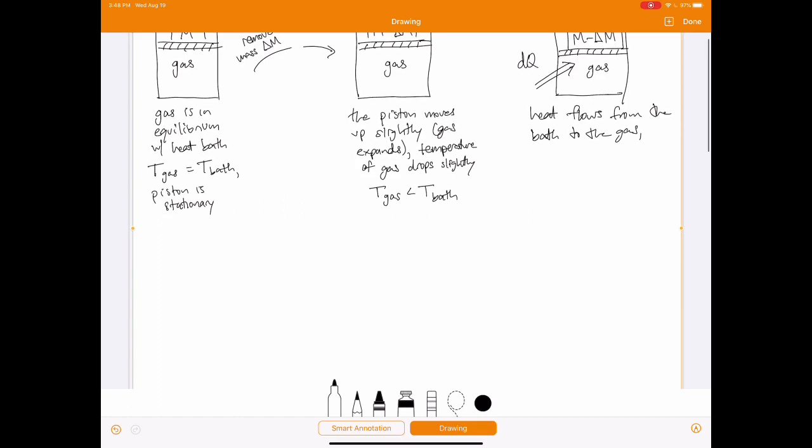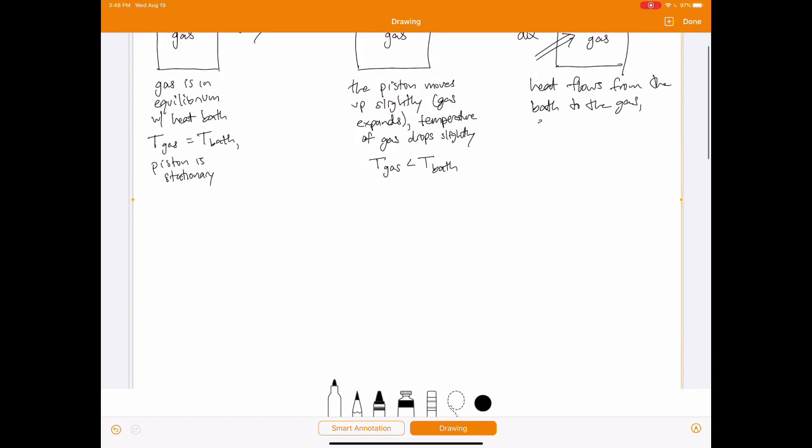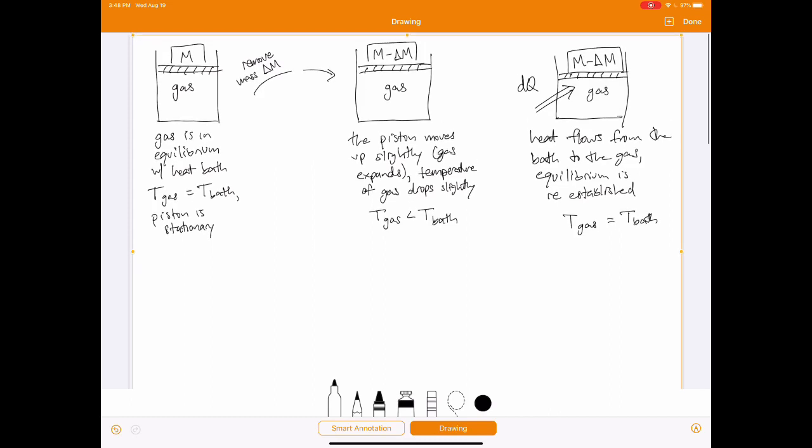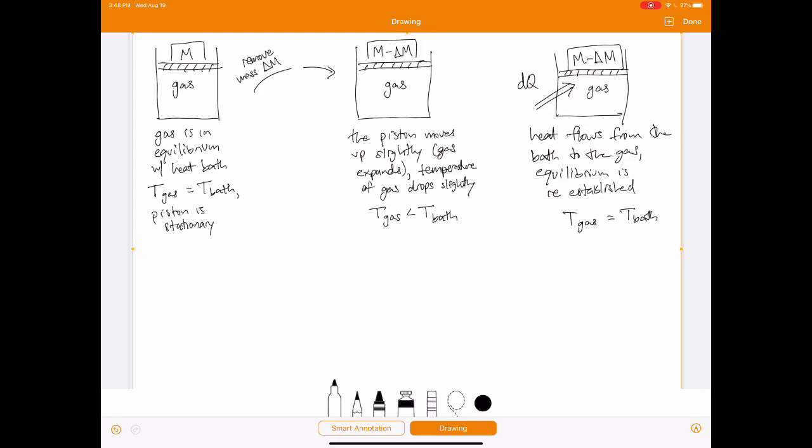But after that little heat flows, equilibrium becomes reestablished. So after that heat flows, we have T gas equals T bath once again. So that's really the process.